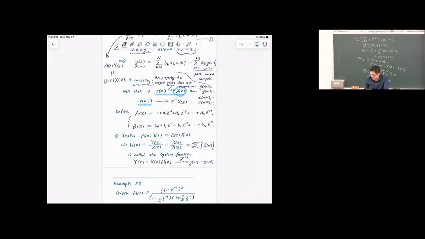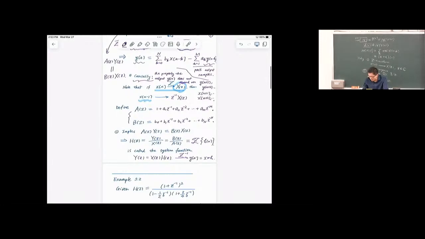And now B of Z divided by A of Z becomes a function H of Z. And the function H of Z actually is the Z transform of our impulse response. Okay? So that's a lot of connections right here. You need to kind of digest.